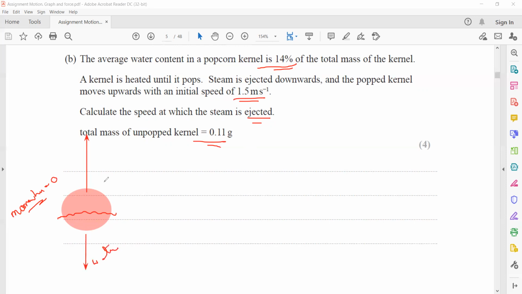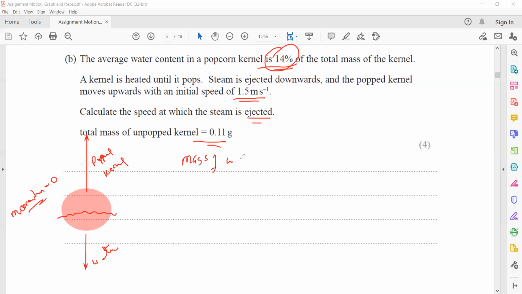And they should have the same value of momentum, but in opposite direction, so the final momentum will be 0. And they mention that 14% of the total mass is water. So we will find 14% of this total mass to get the mass of water.